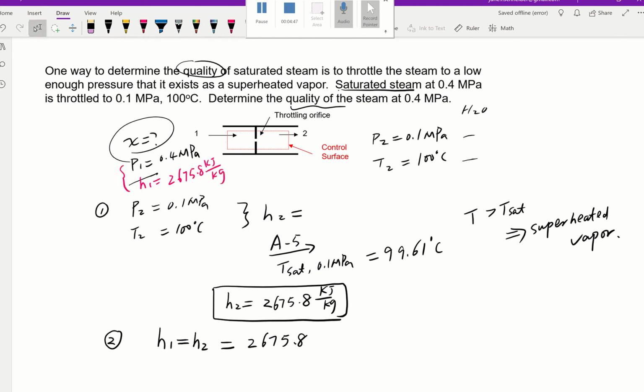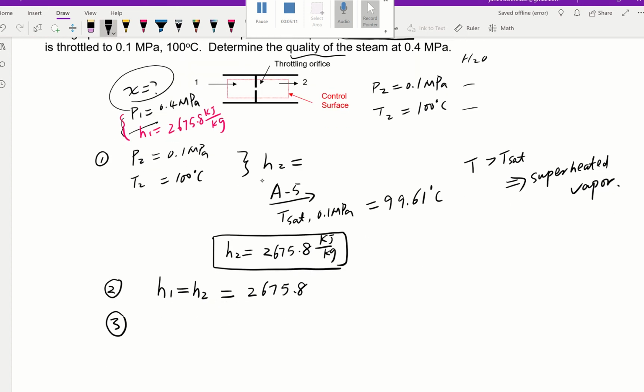Not only do we know the pressure, we also know the enthalpy. Now it's time to figure out the quality. Very likely with these two properties, this is going to be a mixture because they ask you for the quality. So the first thing we want to find out is what HF and HG or HFG are.